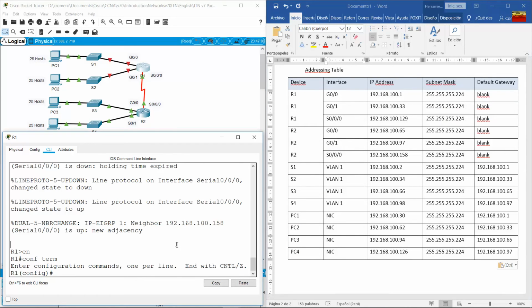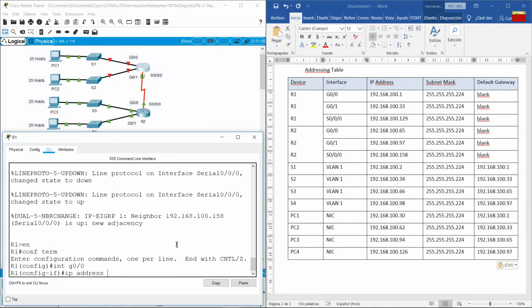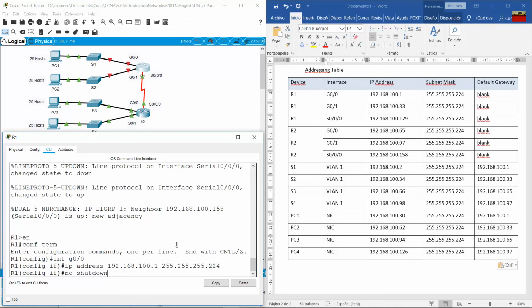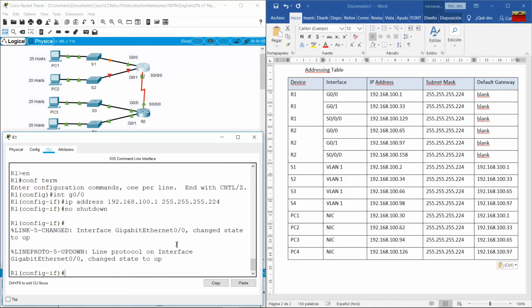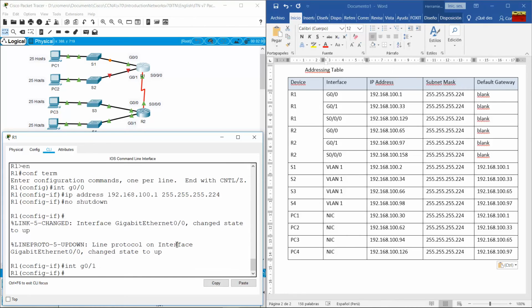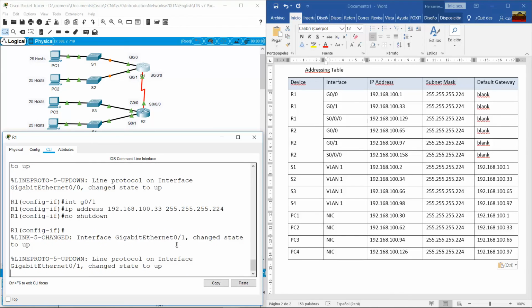Okay. Interface gigabit 0/0, IP address 192.168.100.1, netmask 224, no shutdown. And gigabit 0/1, IP address 192.168.100.33, subnet mask 224, no shutdown.